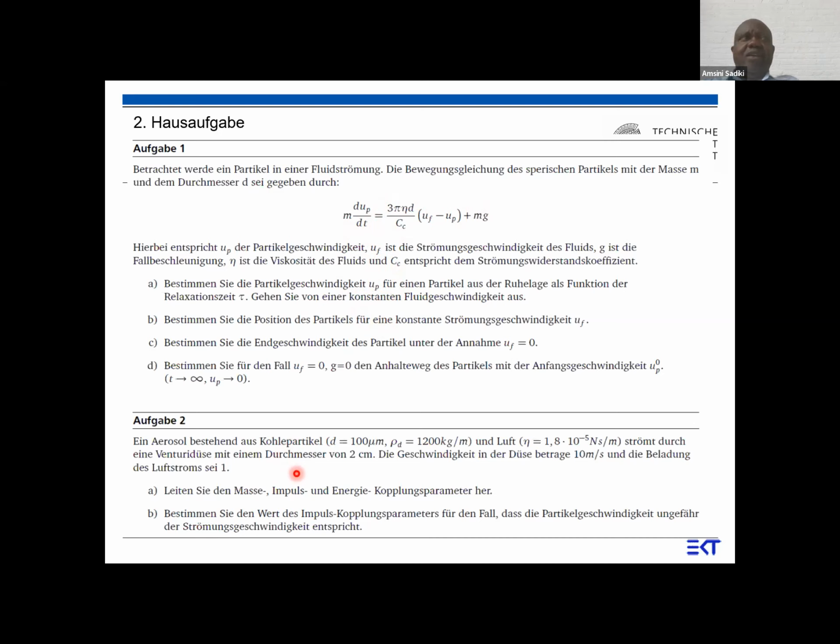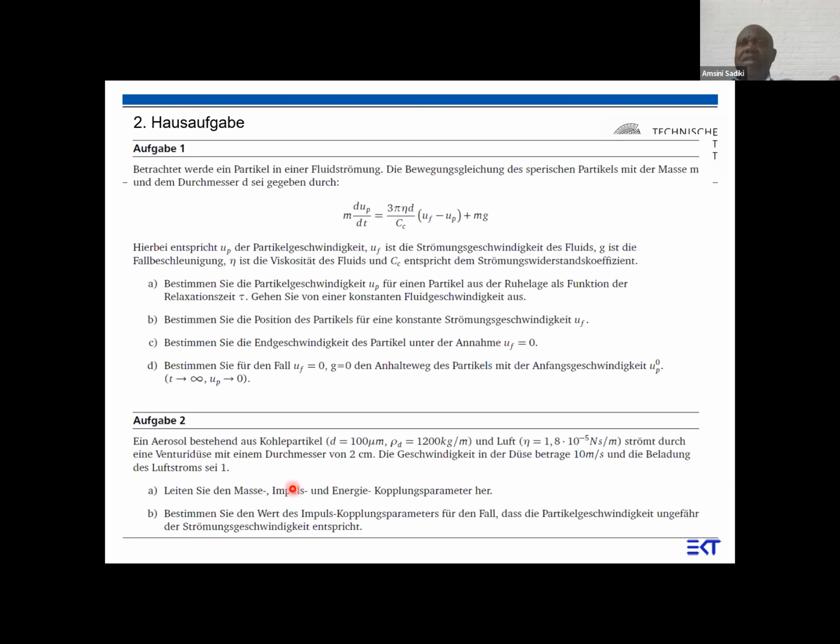The next exercise is to calculate this coupling. So we have this coupling parameter for the mass, for the momentum, and for the energy. So it was pi m, pi for momentum, and for energy.